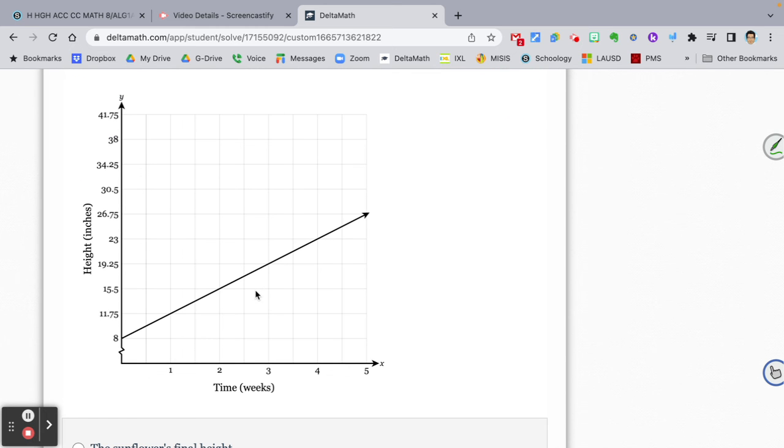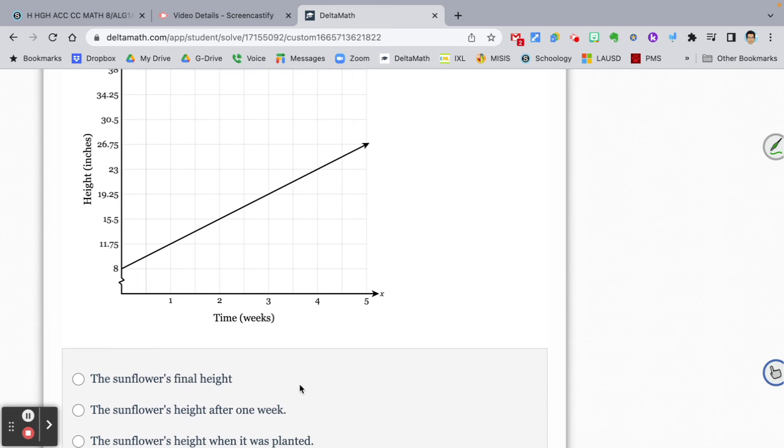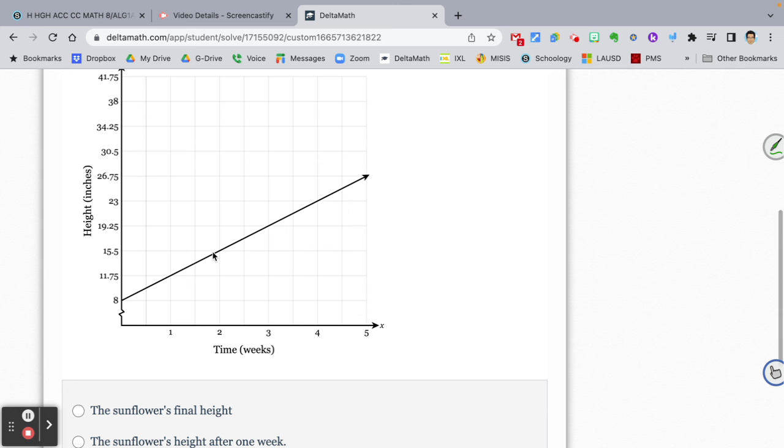So we're measuring on the y-axis height in inches, and the x-axis is time in weeks. So we want to know what the slope represents. How are we calculating slope? We're doing rise over run. What are we measuring on the rise? The height. What are we measuring on the run? Weeks, right?